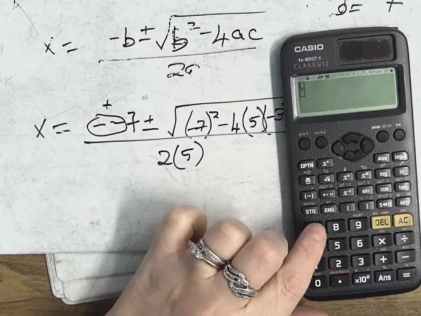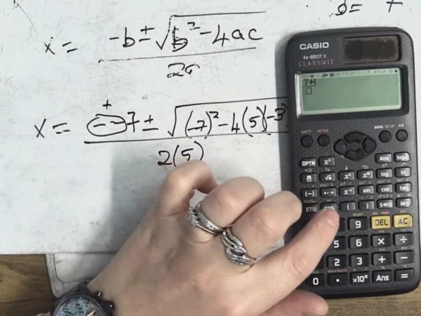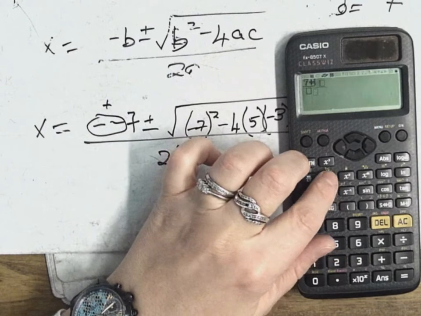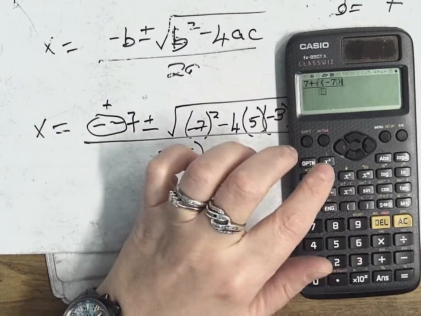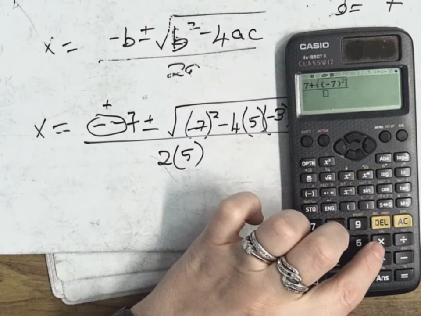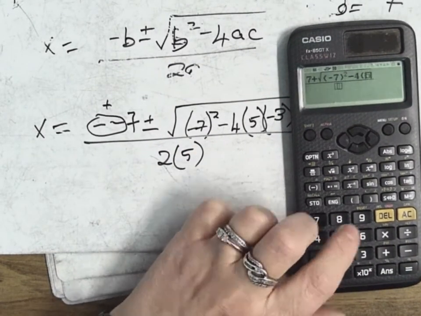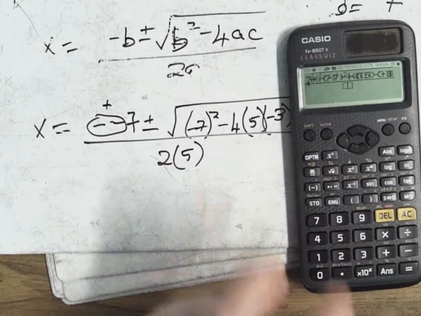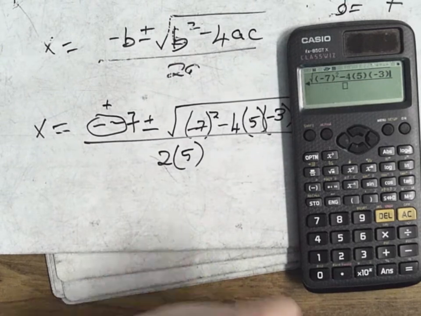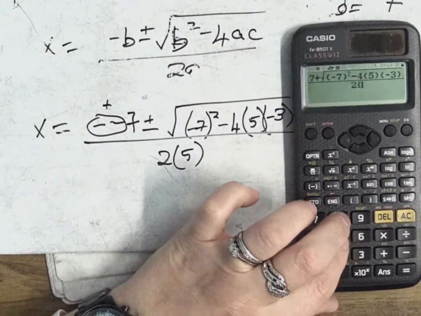Then on top of the line I go 7 plus the square root of, open bracket, minus 7, close bracket, squared, minus 4, open bracket, 5, close bracket, open bracket, minus 3, close bracket. Is that okay? Then underneath I'm going to go 2, bracket, 5.